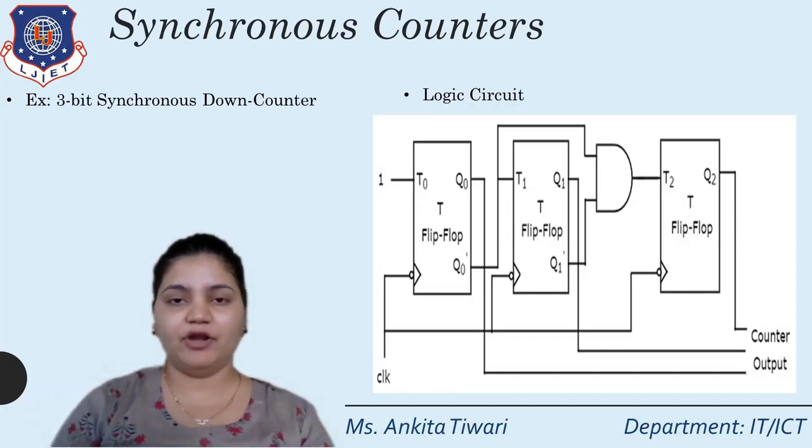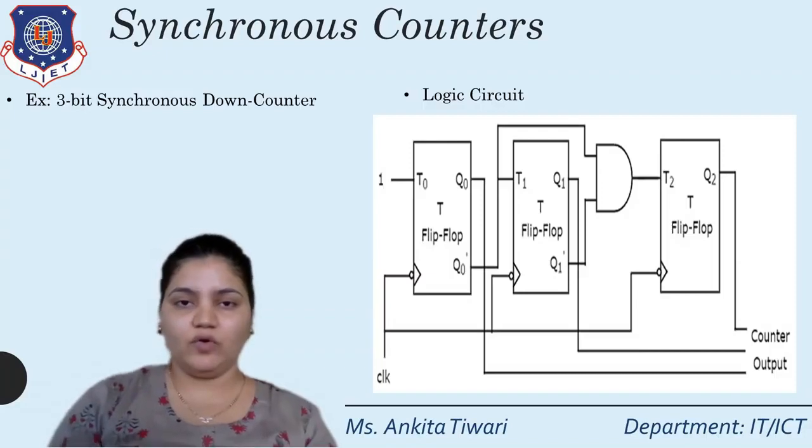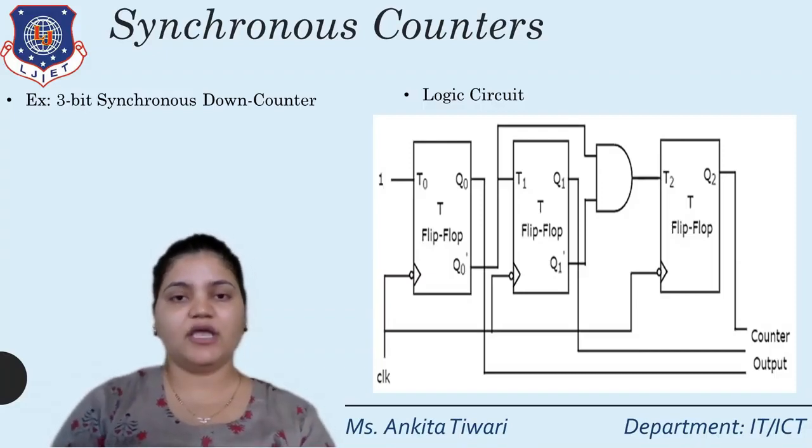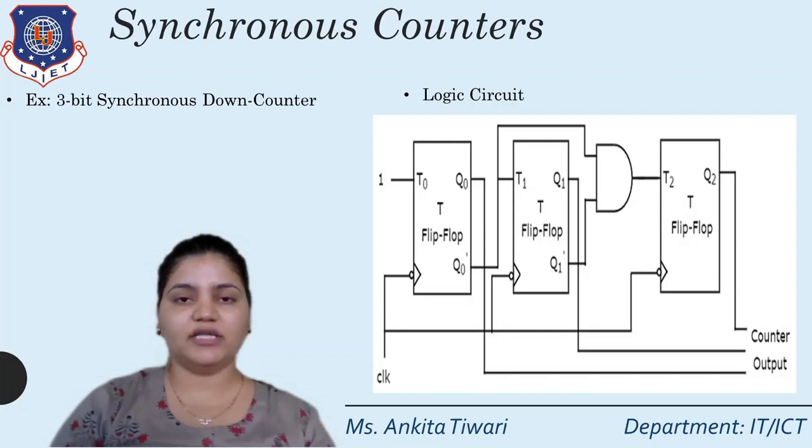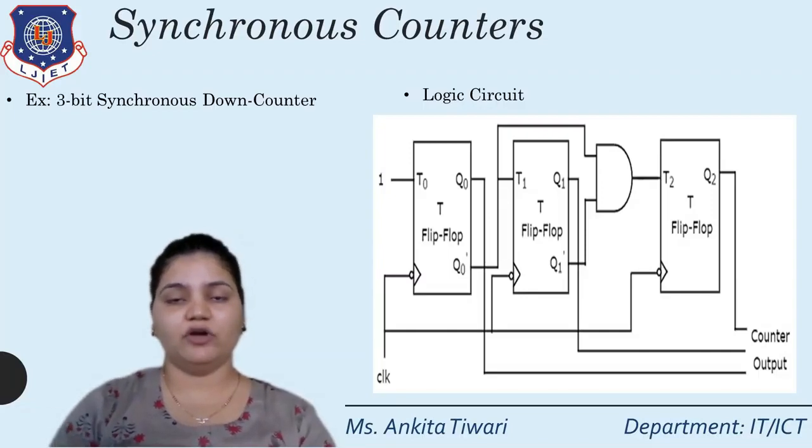We have taken an example of a synchronous 3-bit up counter and a 3-bit down counter. So the summary of this lecture is that we have covered, first of all, the types of counters, that is synchronous and asynchronous. In synchronous we have done today 2 concepts, that is up counter and down counter, with one example each, that is the 3-bit up counter and the 3-bit down counter.